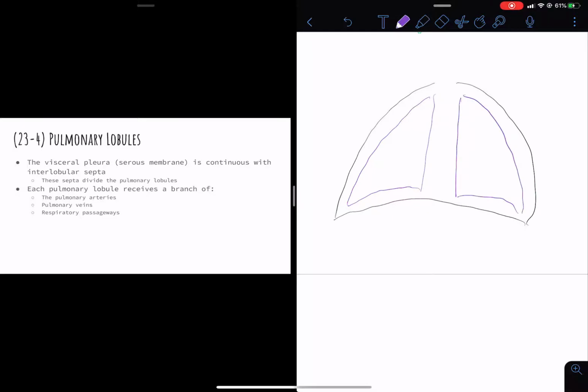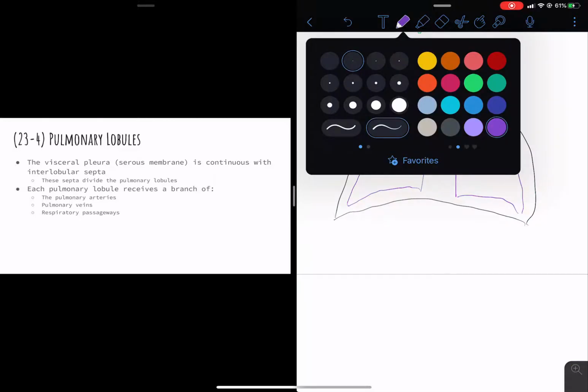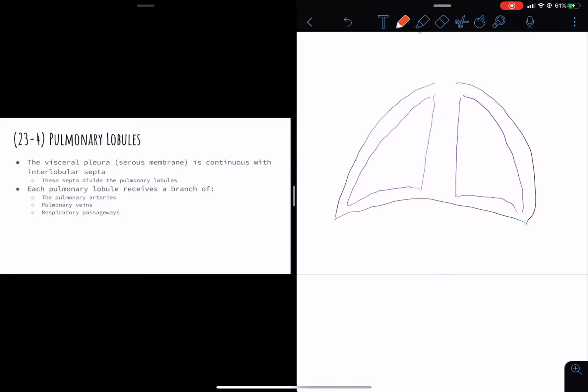Okay. And so now we need to separate out what is what. Just like we learned with the heart, we're going to have some membranes that are surrounding the lungs themselves. One is going to be very close, and that's what we call the visceral pleura.